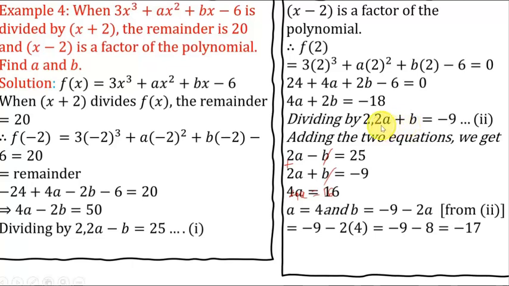Substitute here the value of a as 4, that is a 2 into 4, which is the 8. Shift this 8 to the right hand side. Minus 9 minus 8, you will get here minus 17, and this is the value of b, and hence a is equals to 4 and b is equals to minus 17. This is answer.